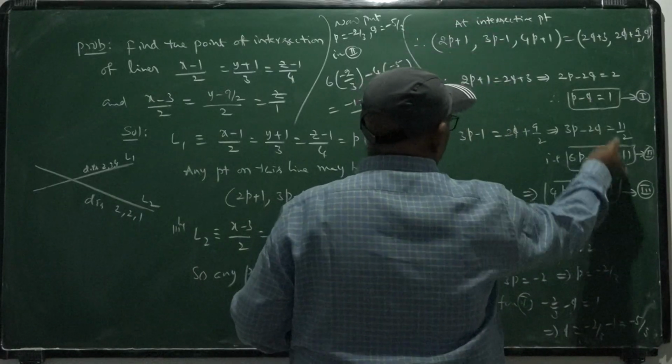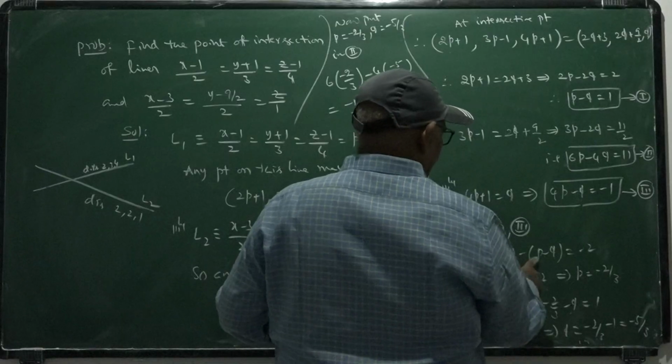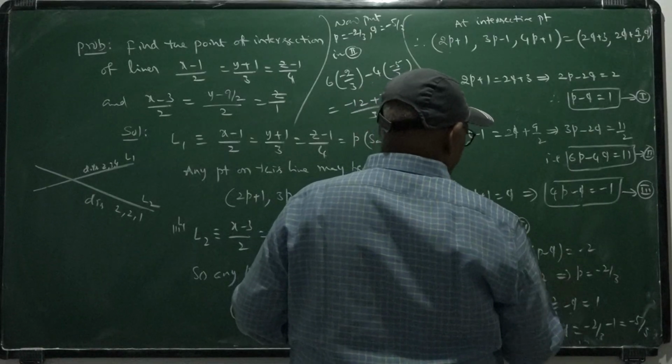Subtracting, minus 1, minus 1, minus 2. This is 3p, 3p is minus 2 by 3. Correct.